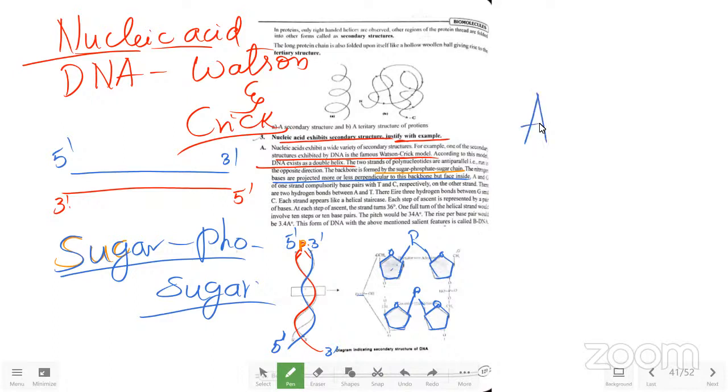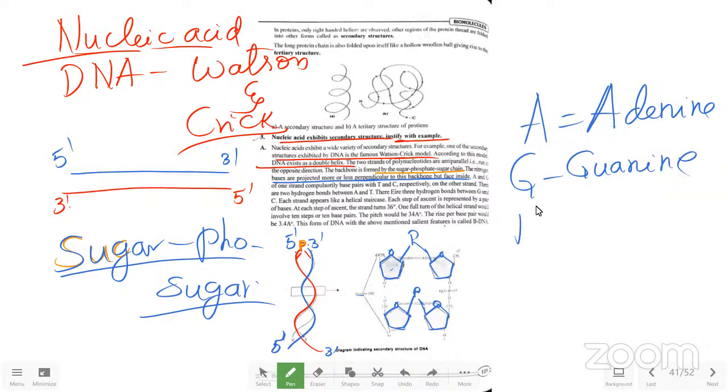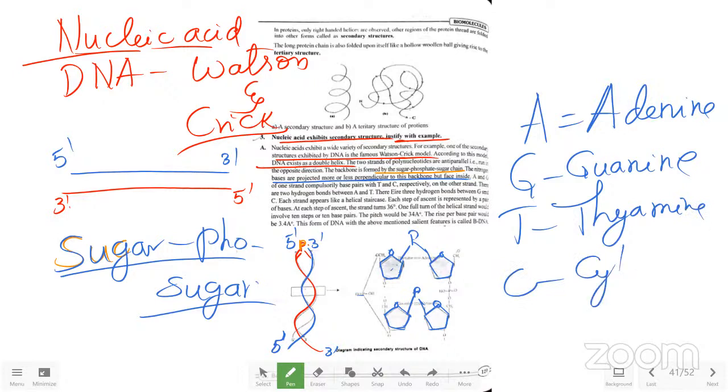And among these nitrogen bases, A represents adenine, G represents guanine, T represents thymine, and C represents cytosine.